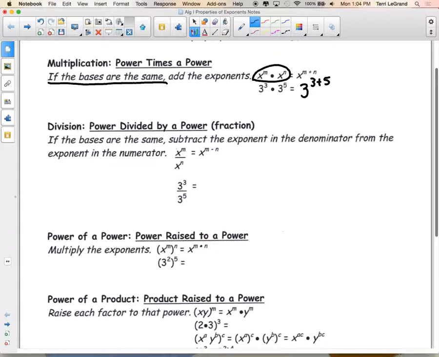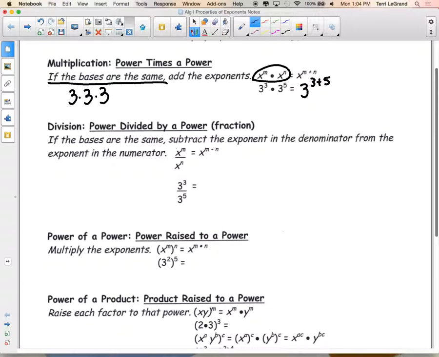Besides putting it into your calculator and getting an answer. What does 3 to the 3rd power mean? Multiplying 3 by itself 3 times. 3 factors of 3. So let's just write that out over here. 3 times 3 times 3. That's our 3 to the 3rd.